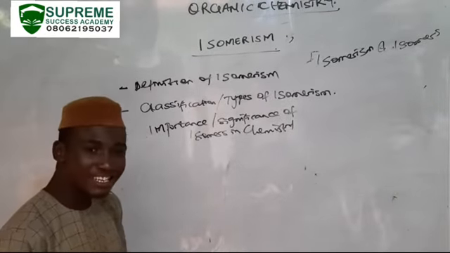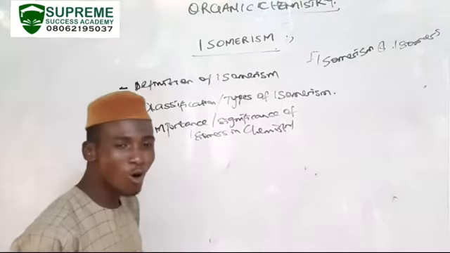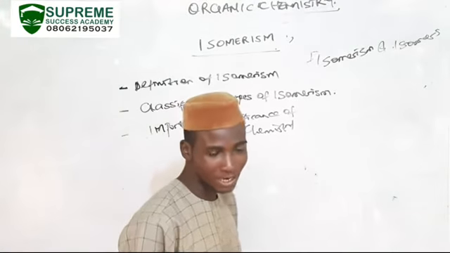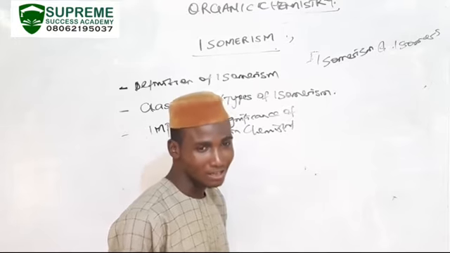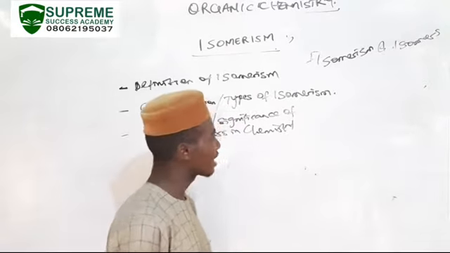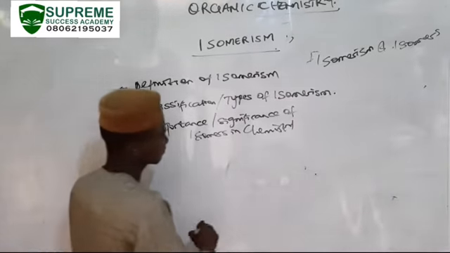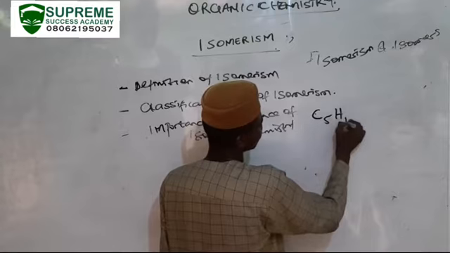Isomerism is a phenomenon whereby two or more chemical compounds have the same molecular formula but different structural formula, different structural arrangement of atoms. We can look at this compound. This is C5H12.